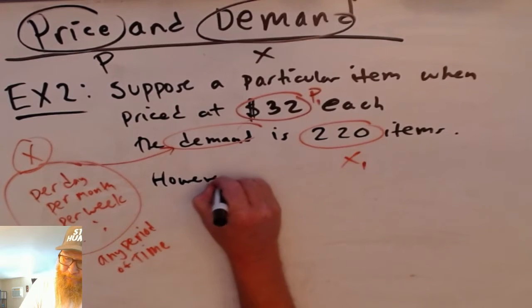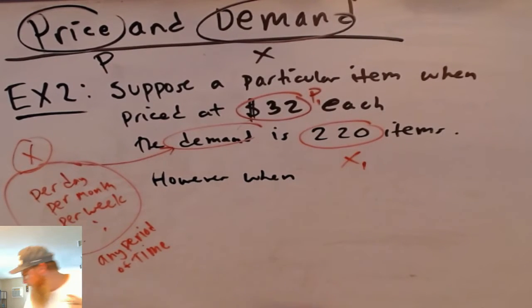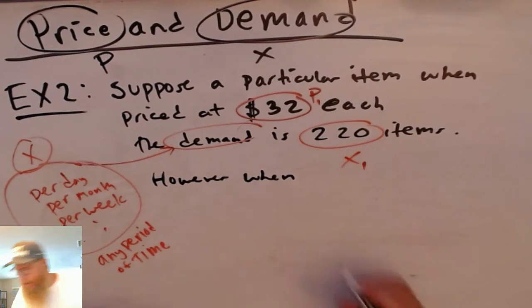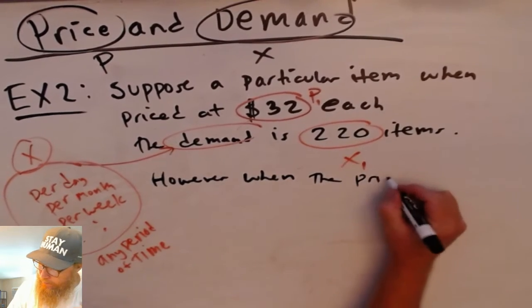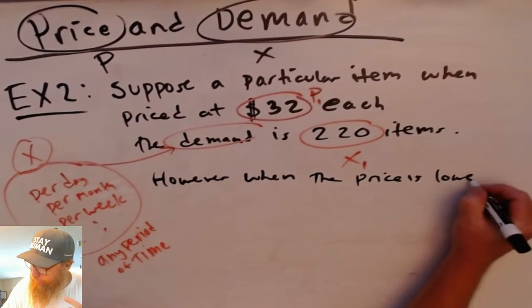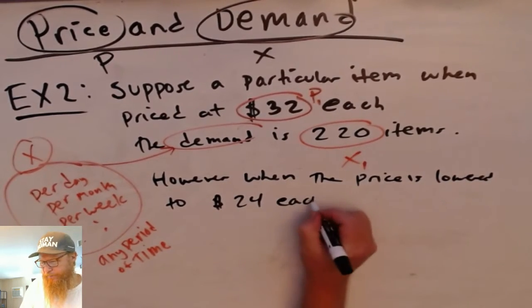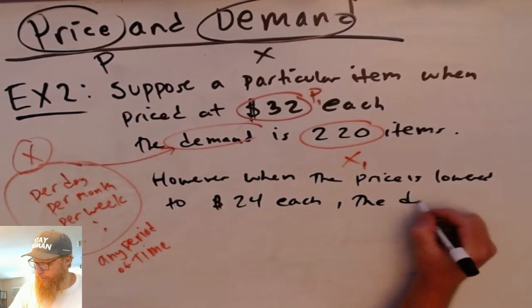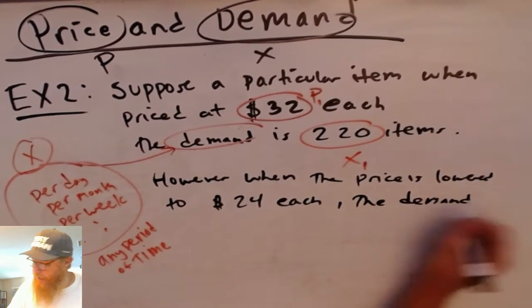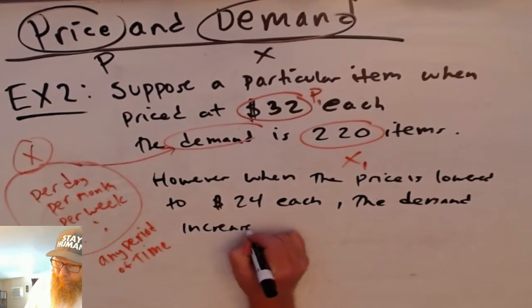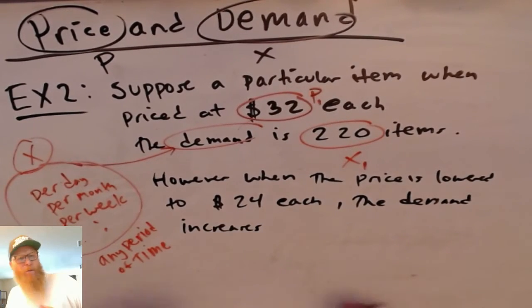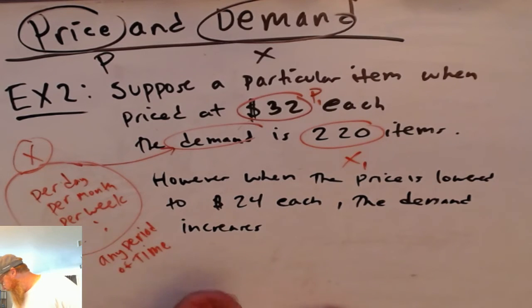However, when the price is lowered to $24 each, the demand increases. That's a good sign. They want more because you're selling it cheaper.